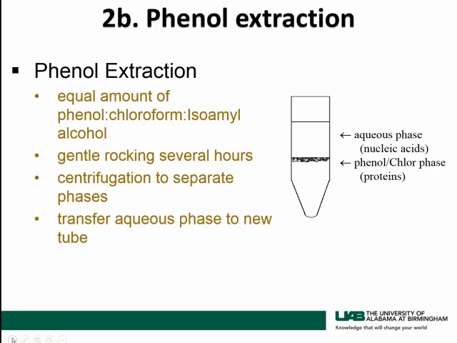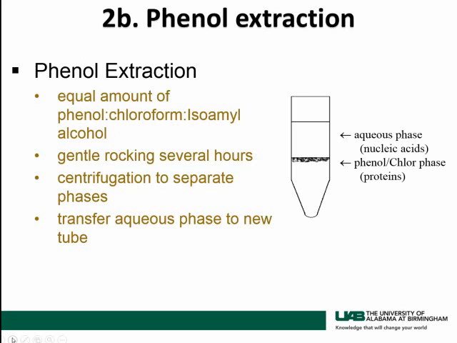Phenol is used to denature molecules such as proteins and destroy others such as carbohydrates and lipids as well. Chloroform is added to make the phenol much heavier so that it can be separated from the aqueous layer, and isoamyl alcohol is added as an anti-foam agent to keep bubbles from forming as you rock or vortex the mixture.